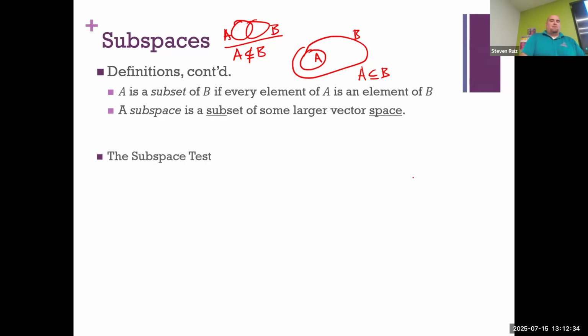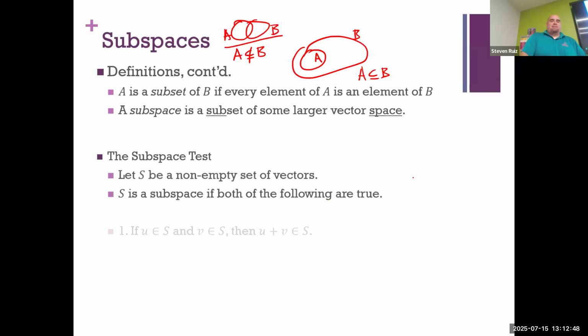Okay. So this section is called the subspace test in the textbook. Basically, how do you know if a set of things you're looking at is an actual subspace? Here's the way we check. You have to meet these two conditions. And I think I gave the same name to both of these on an earlier slide.